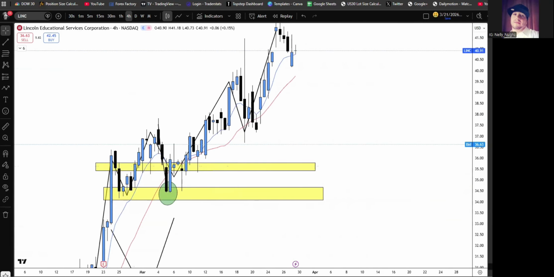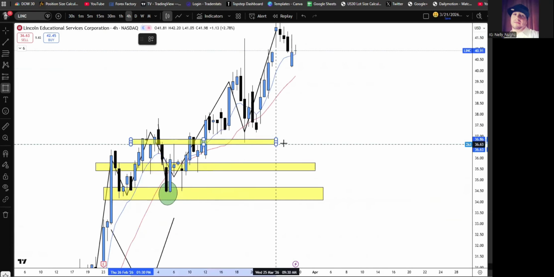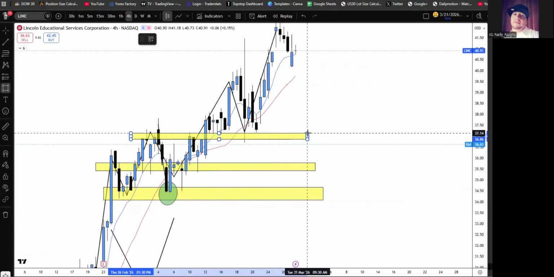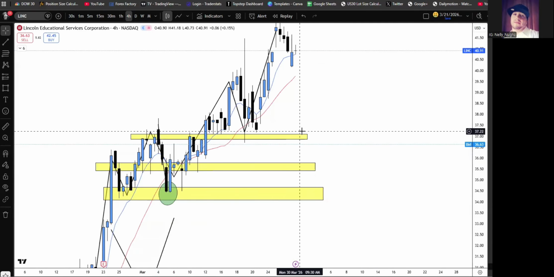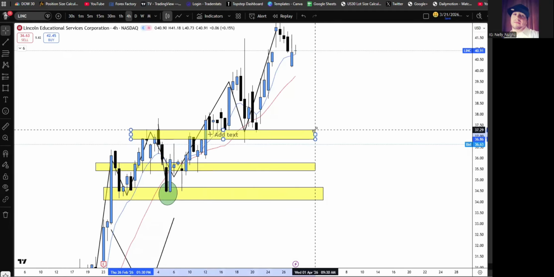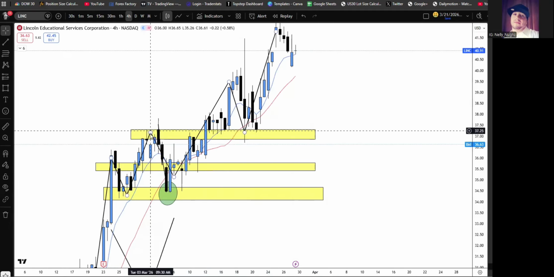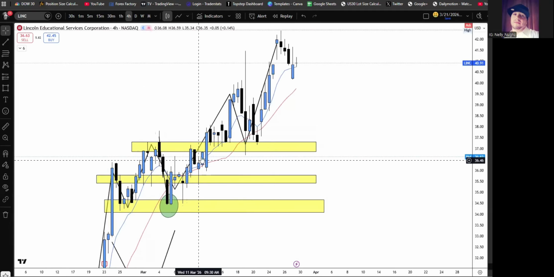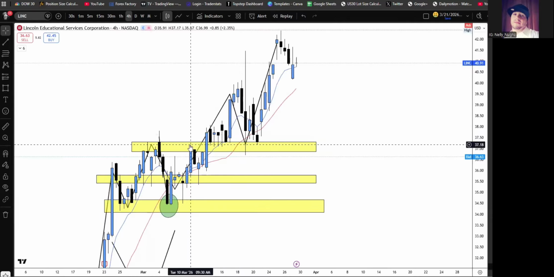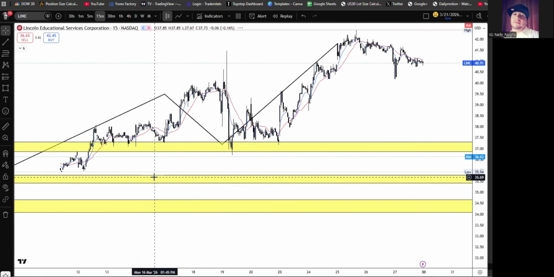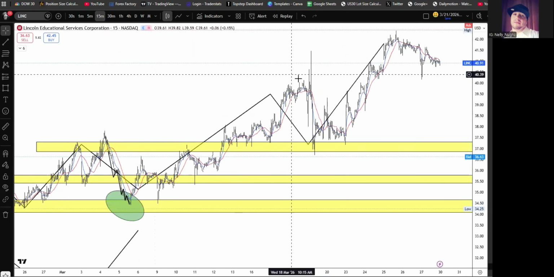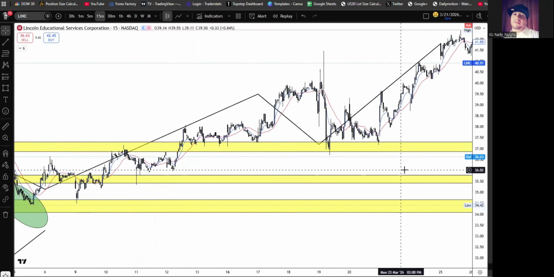In this case again, even if you were to mark up your zones here, and you can see, why is this not sticking to where I need it to? Okay. So even here where it broke past and then came back and retested this area, you can definitely spot more entries to where it went higher. Again, even if you were to go down here and spot these entries, boom.